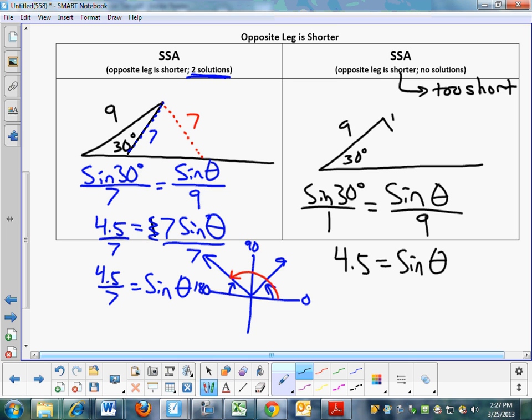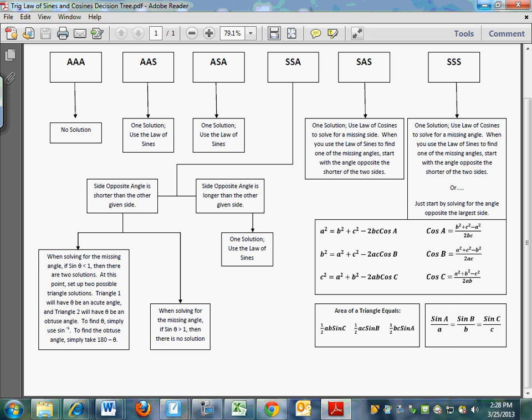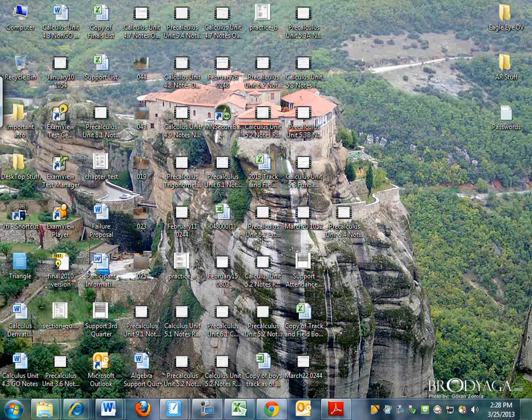Now, think about it. We just got done testing on this. Sine of theta oscillates between what two values? What's the biggest value you can have? If you were to just graph sine of theta, what's the biggest value you can have? 1. What's the smallest value? -1. Can sine of theta ever be equal to 4.5? No. In fact, if you try it on your calculator, we'll just try it right now.